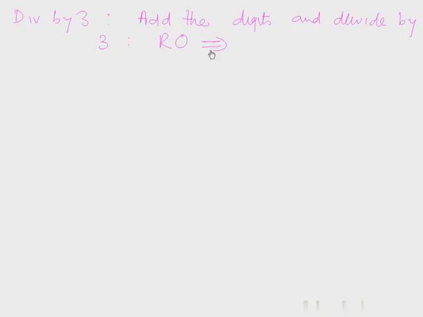Remainder 0 implies divisible. Otherwise not. Not only do you know whether it's divisible or not, even if it's not divisible, you get the remainder quickly. The remainder you get after adding the digits is the actual remainder you will get.